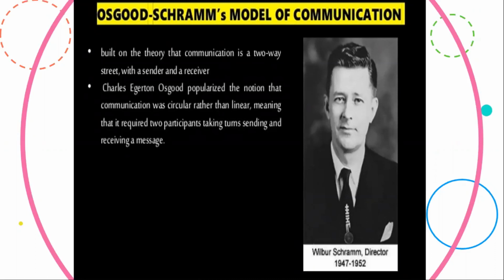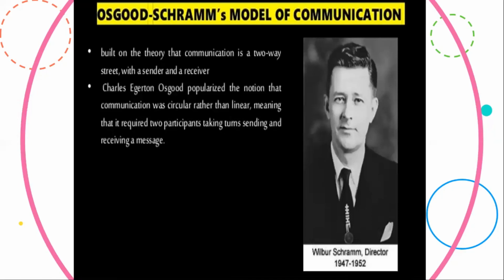Just what I said earlier, the linear model of communication is a one-way process only. In Crumb's model of communication, it is a two-way street, with the sender and the receiver giving their ideas. They throw ideas back and forth.